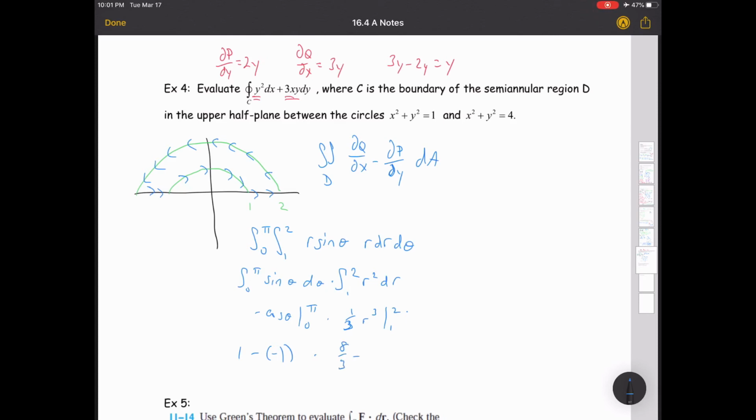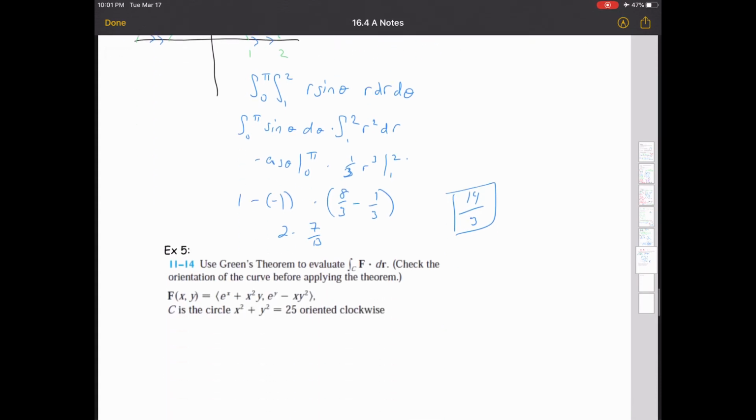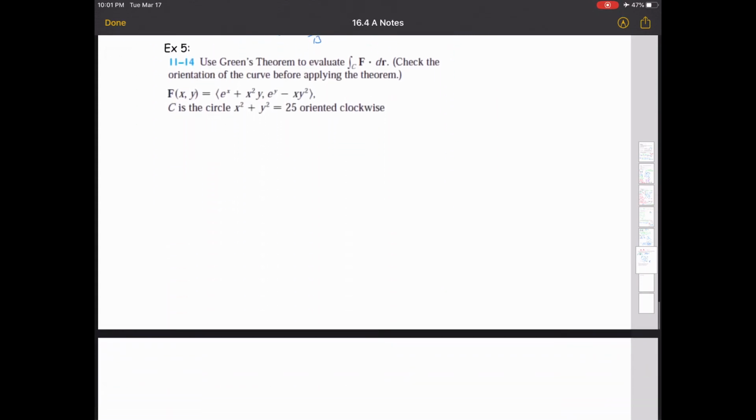And then plugging in a 1, we get 1/3. So it looks like we're going to get 2 times 7/3, or 14/3. So there's that one. Not too difficult. All right.